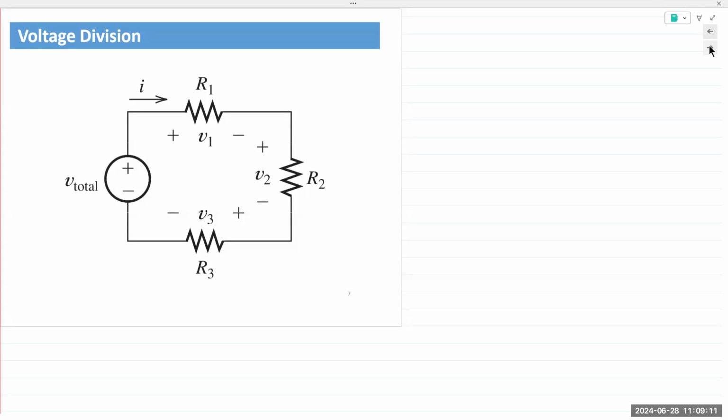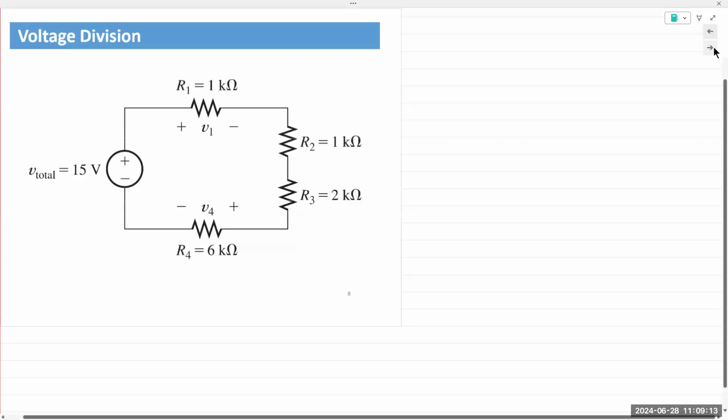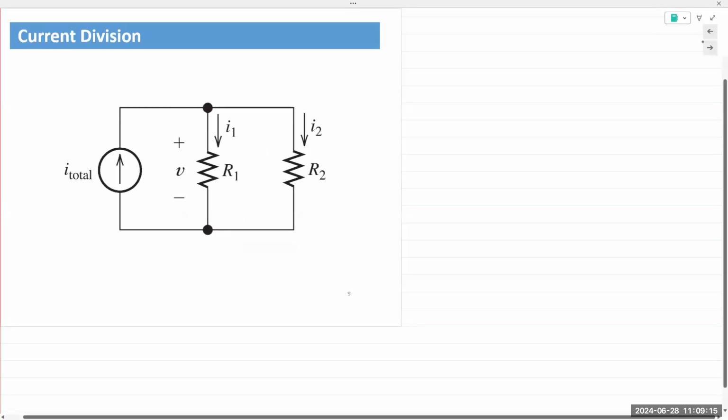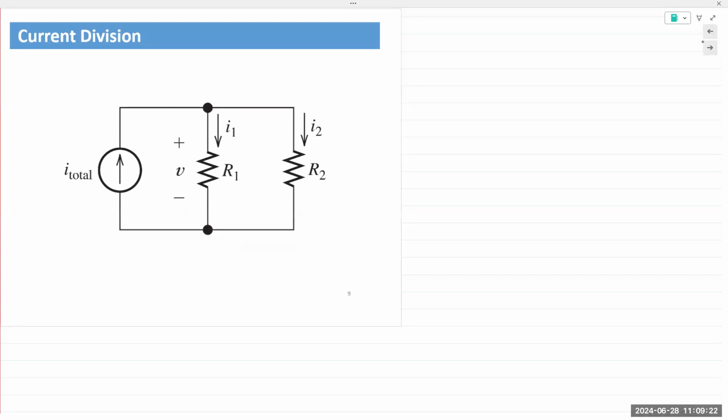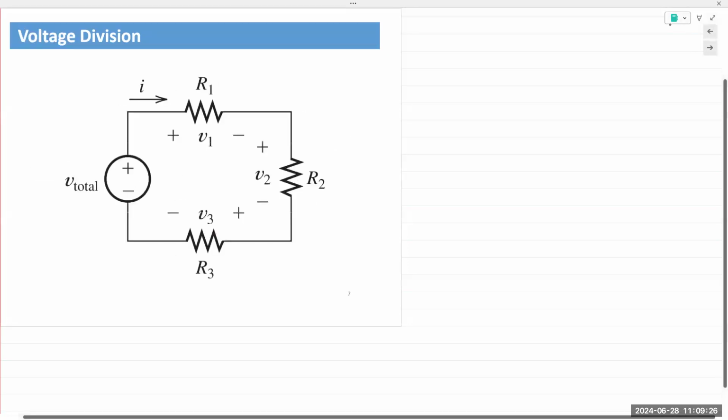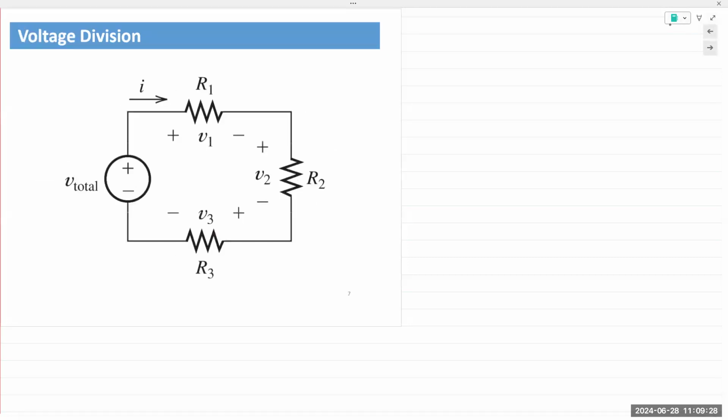So voltage division and in turn current division are both shortcuts. They are shortcuts that allow us to skip one or two steps in circuit analysis. And they're both derived from Ohm's law.